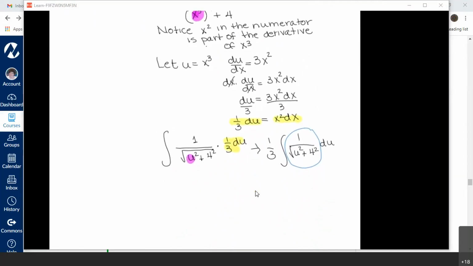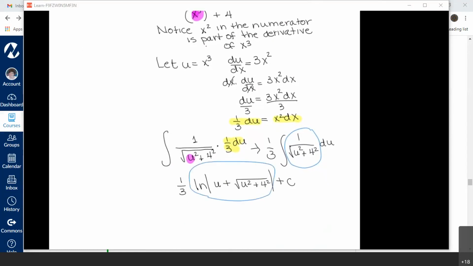So this will integrate to 1/3 ln absolute value u plus the square root of u squared plus 4 squared, plus c. That's the pattern right here from the table. And then all you need to do is plug your u back.